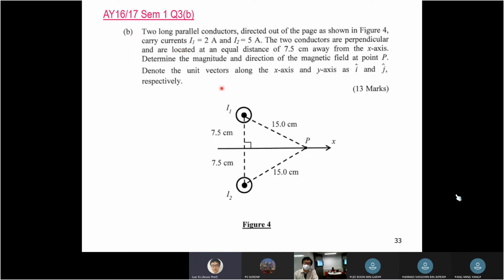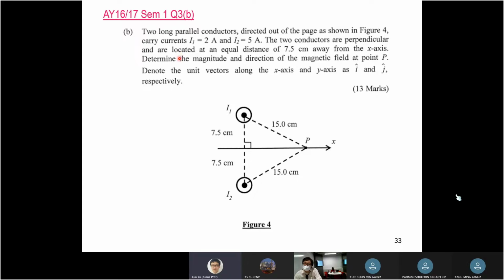They carry currents I1 equal to 2 and I2 equal to 5 ampere. These two conductors are perpendicular to the page, and are located 7.5 centimeters away from the x-axis, as shown in this figure.